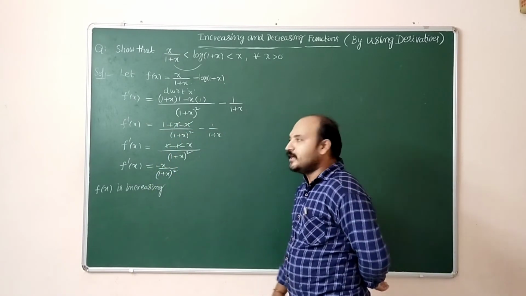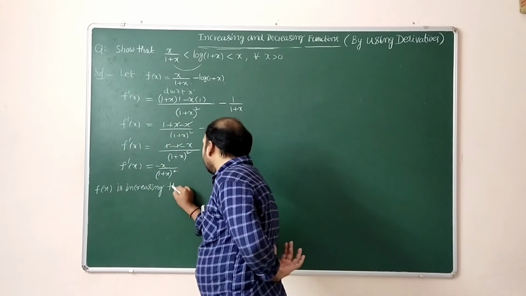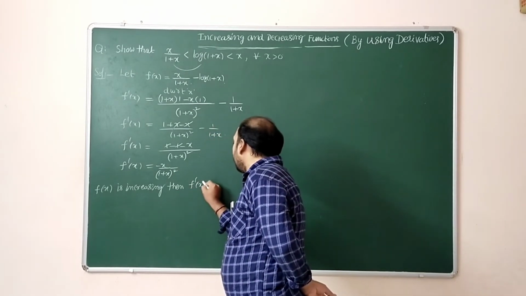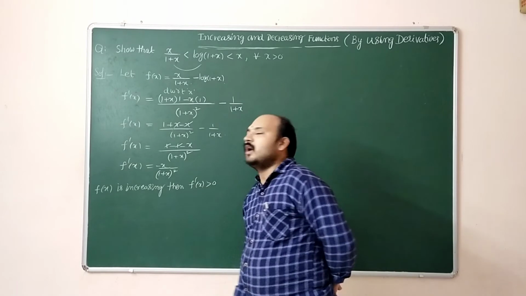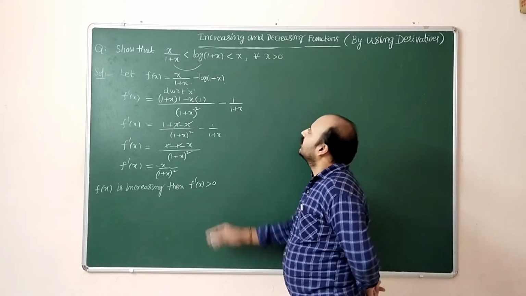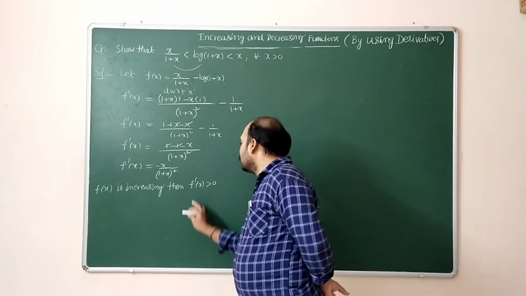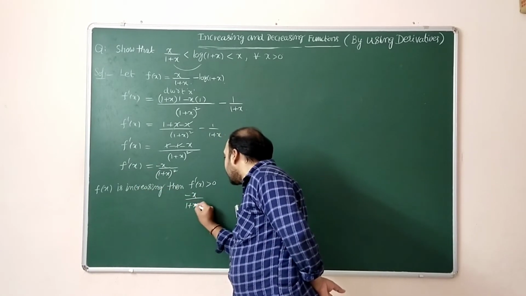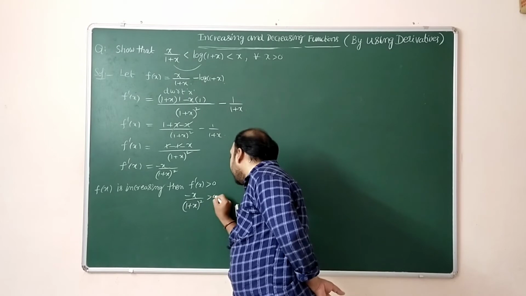f of x is increasing. Then f dash of x is greater than or equal to 0. I am taking strictly greater than 0 here, because only that is given. So f dash of x means this value: minus x by (1 plus x) whole square is greater than 0.